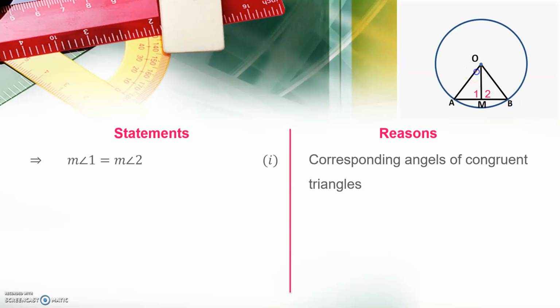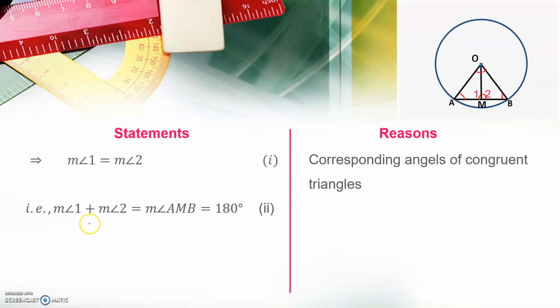So this angle is congruent to this angle, angle A is congruent to angle B, and angle 1 is congruent to angle 2. And the reason is corresponding angles of congruent triangles, because measurement angle 1 is equal to measurement angle 2 because these are the corresponding angles of congruent triangles.